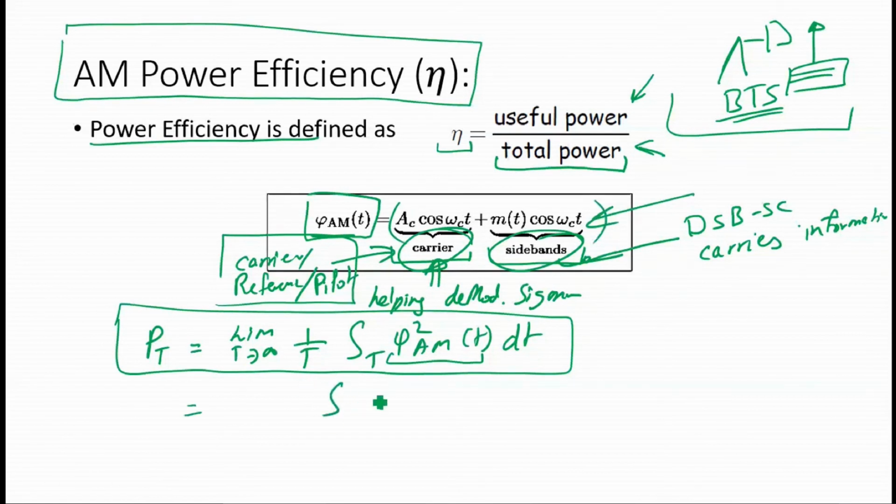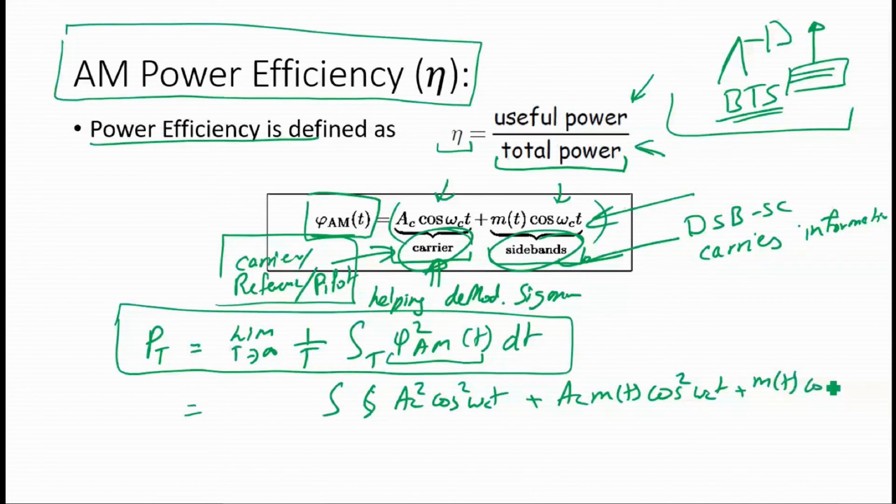So within the integration we would have Ac square cos square omega ct plus Ac m of t, one cos from here, another cos from here, so cos square omega ct plus m of t cos square omega ct dt, right?